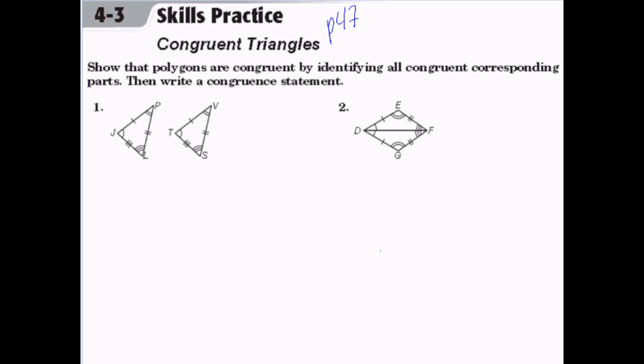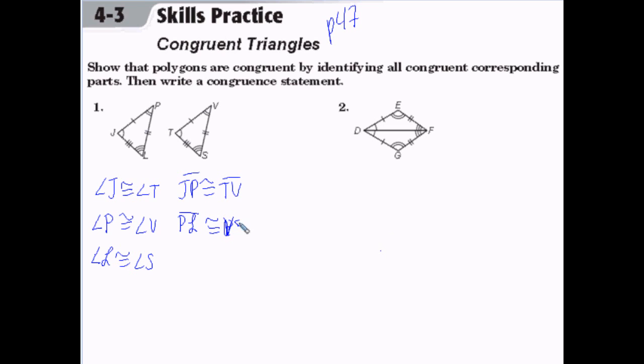We look at the marks and we can see that angle J is congruent to angle T, angle P is congruent to angle V, and L is congruent to S. And then looking at the side lines, we have JP and TV, PL and VS, and then JL and TS.